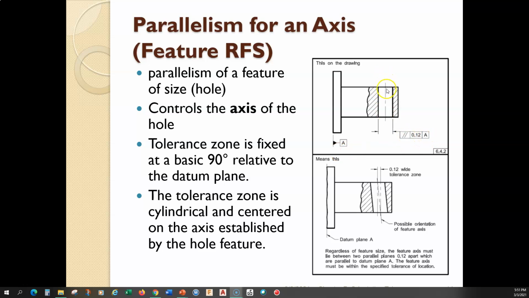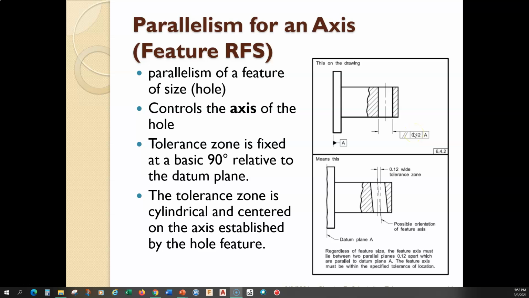We want the axis of this hole to be parallel to A within a tolerance zone of 0.12 millimeters. So again, the tolerance zone is fixed at a basic 90 degrees relative to the datum plane. The tolerance zone is cylindrical and centered on the axis established by the hole feature.